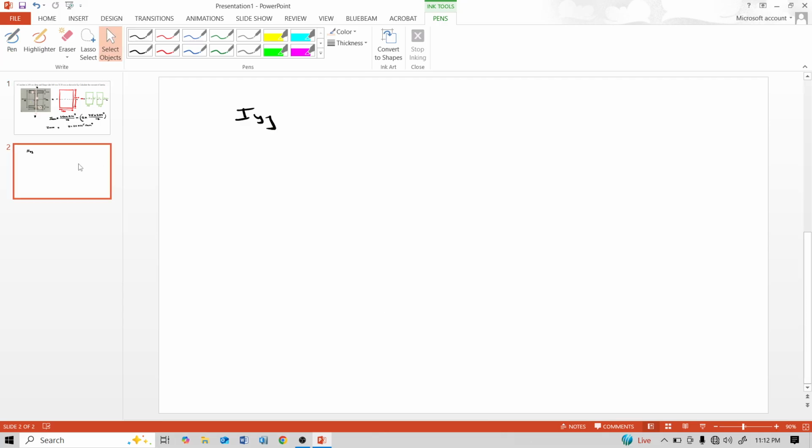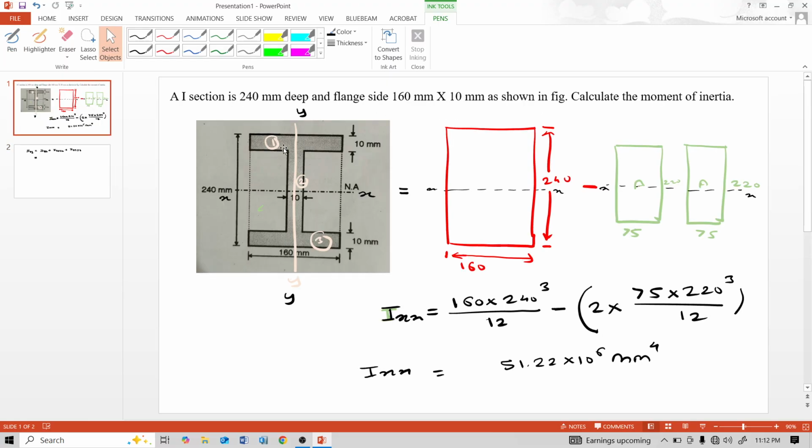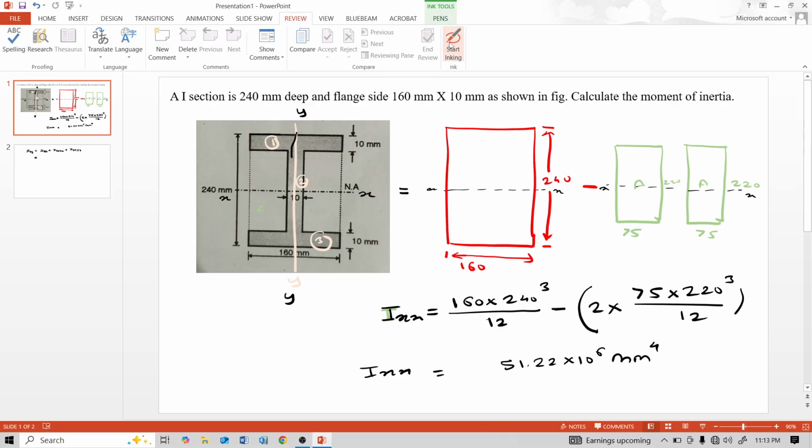See here, IYY is equal to IY1Y1 plus IY2Y2 plus IY3Y3.